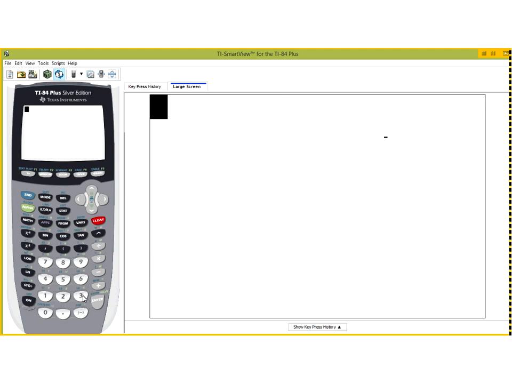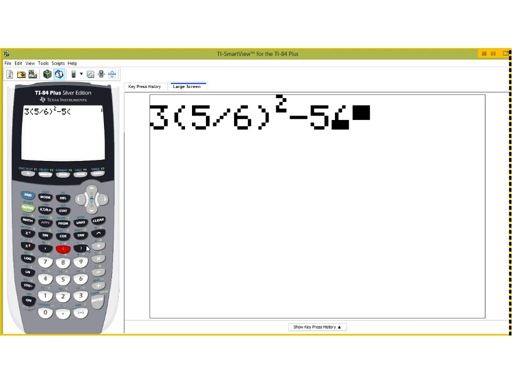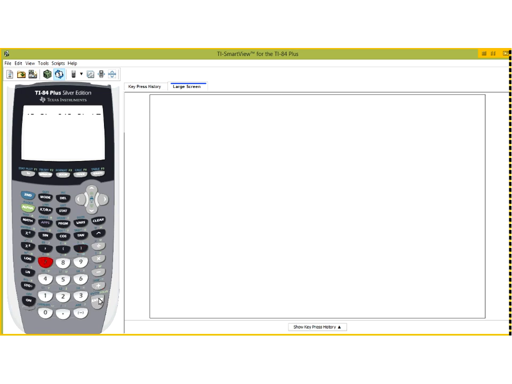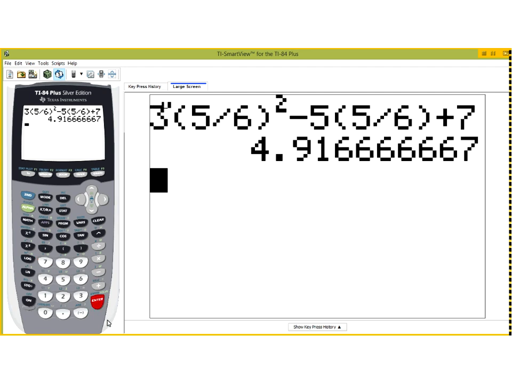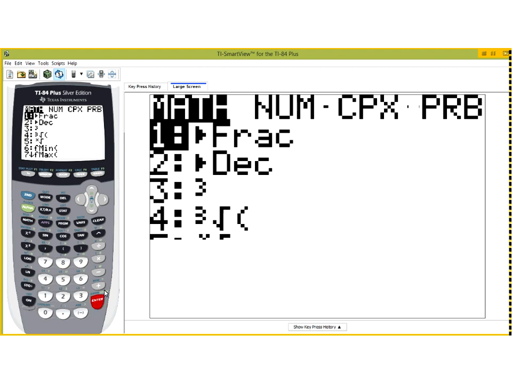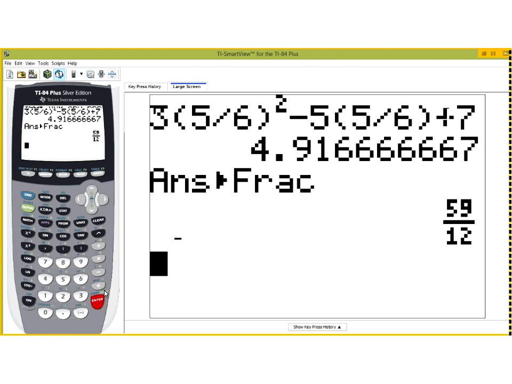So I get 3 times 5/6 squared minus 5 times 5/6 plus 7. Okay, and I convert that into a fraction. 59/12. So that's the k part of my vertex.